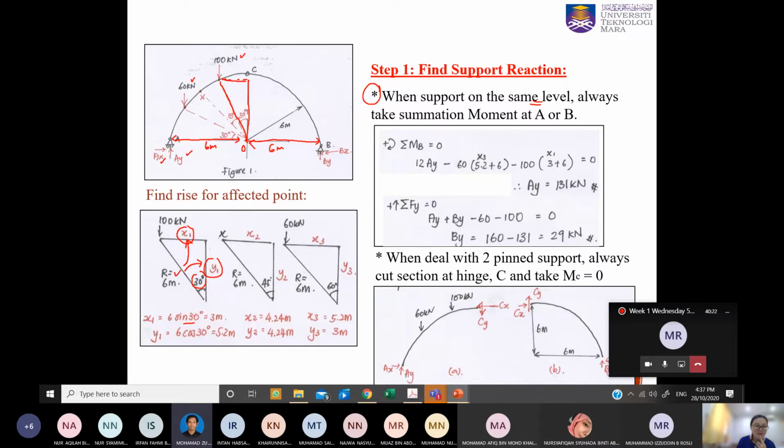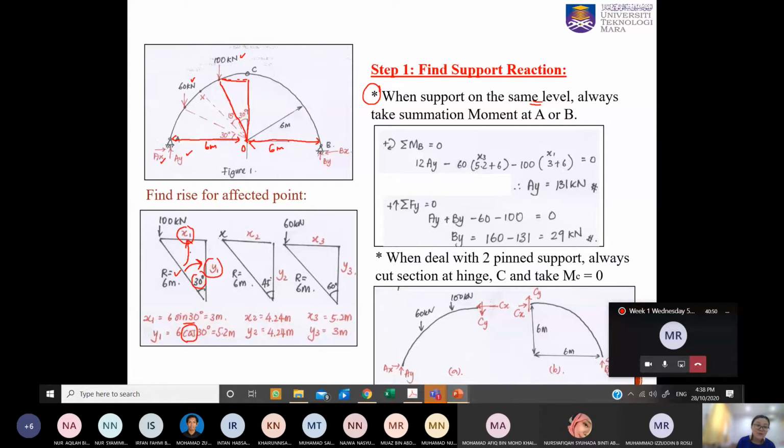So again, you can just use the sine 30 or cos 30 to get your x and y. But you might be confused when to apply the sine and when to apply the cos. When you resolve a length close to your angle 30, you use cos 30.